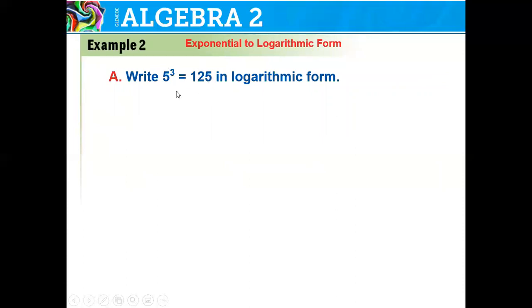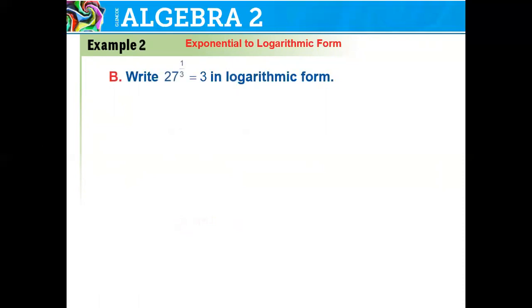To change this into a logarithmic form, we have to write it in terms of y equals log base b of x. So log base 5 of 125 equals 3. And this is my answer.